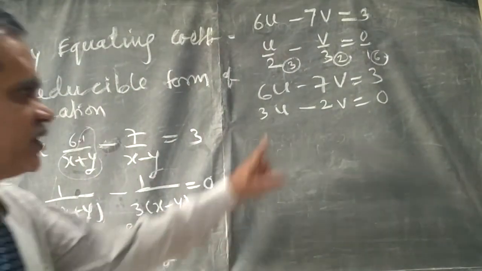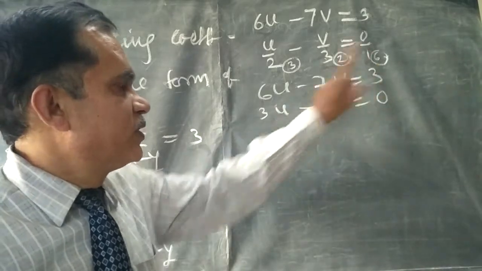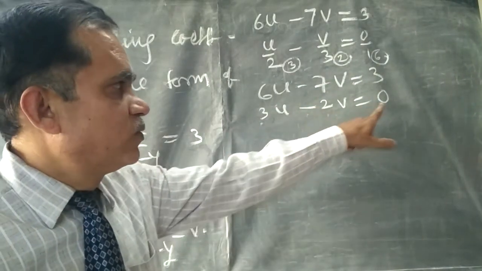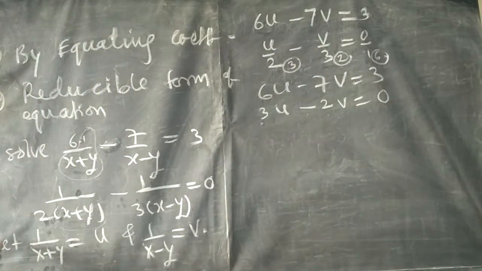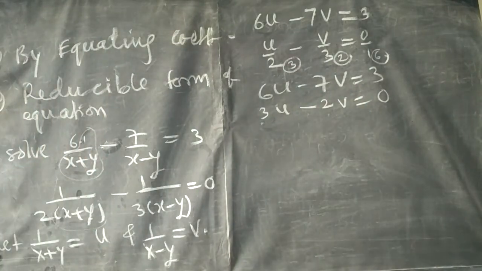Now I got equations of the form a1x plus b1y equal to c1, a2x plus b2y equal to c2. Yes or no? Since we reduce these examples in this format which we practiced before this. Okay. Now we will solve by equating coefficients.